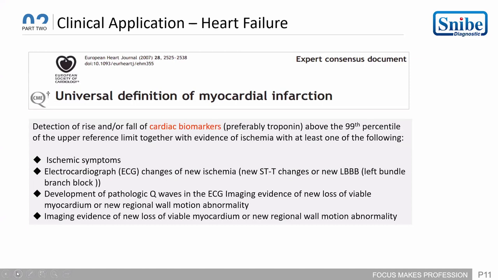If you go for clinical application, then the universal definition of myocardial infarction, according to the European Heart Journal, is the detection of a rise and fall of cardiac biomarkers, preferably troponin, above the 99th percentile of the upper reference limit, together with evidence of ischemia with at least one of the following: ischemic symptoms, ECG changes along with ischemia, left bundle branch block, and development of pathological Q waves in the ECG.